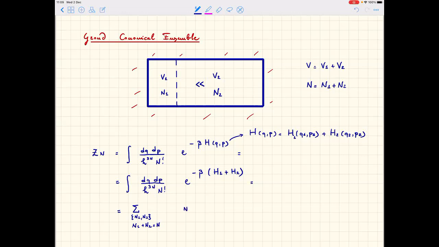And this is the famous binomial factor, N factorial divided by N1 factorial N2 factorial.